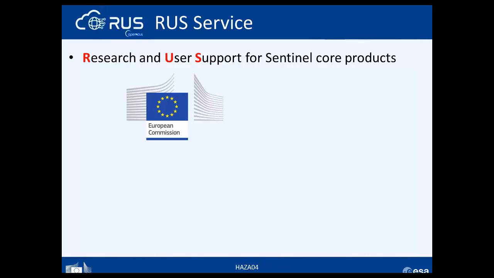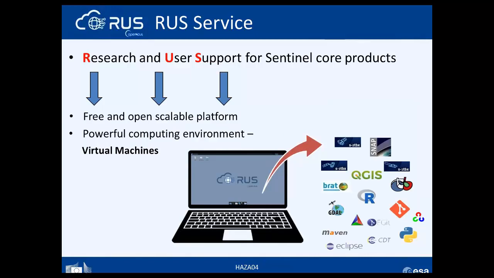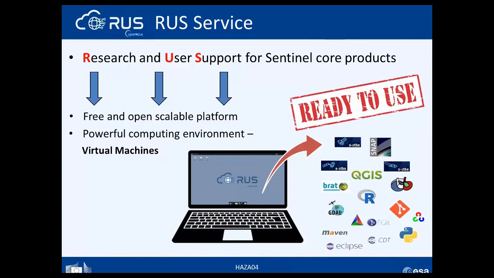So it is a free and open scalable platform that offers a powerful computing environment in the form of virtual machines that are pre-installed with a number of open source toolboxes such as SNAP, including Sentinel-1, 2, and 3 toolboxes, QGIS, BRAT, Orfeo toolbox, and many others that you might be familiar with, and also with development environments such as R, Python, and others. So in this case it's ready to use. You can also install your own software or software that you have appropriate licenses for.